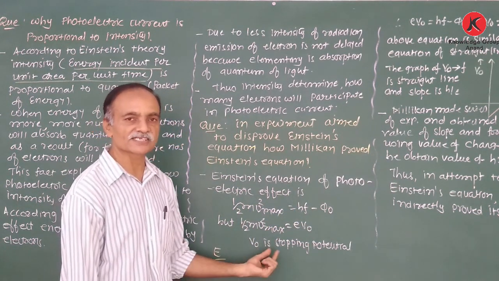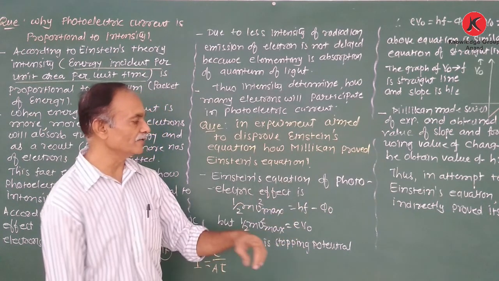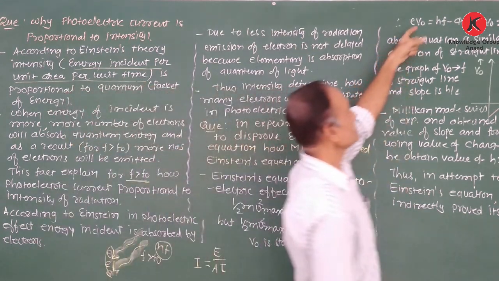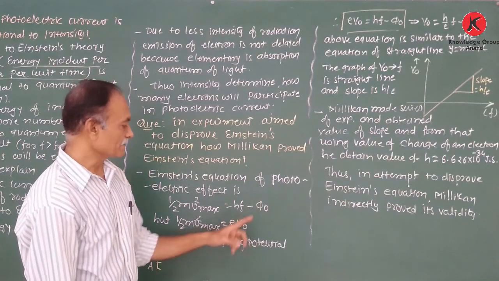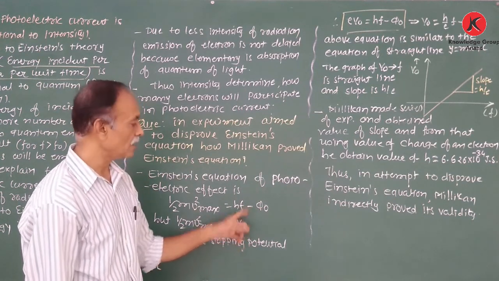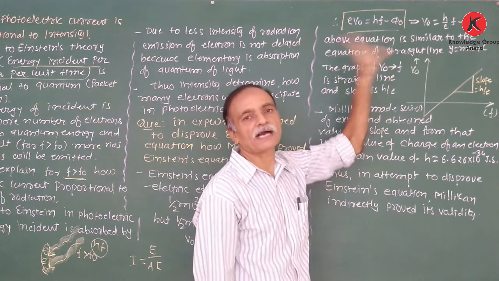Here V0 is the stopping potential. We substitute the value of maximum kinetic energy as eV0, so our equation becomes eV0 is equal to hf minus phi 0.